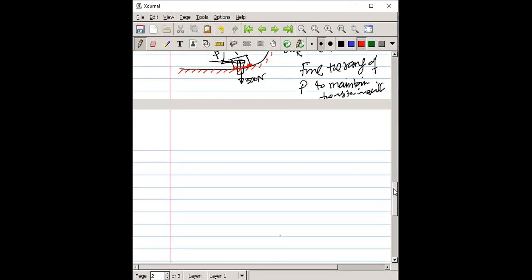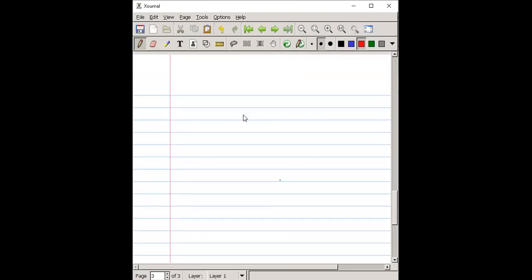Remember, to solve this type of problem, you first make the free body diagram. So what is the free body diagram of this considered problem? How to draw it?